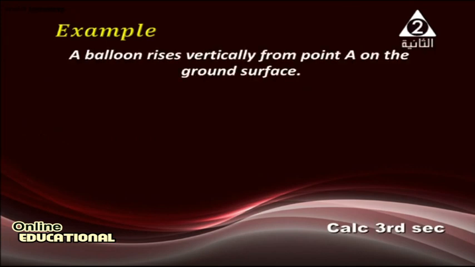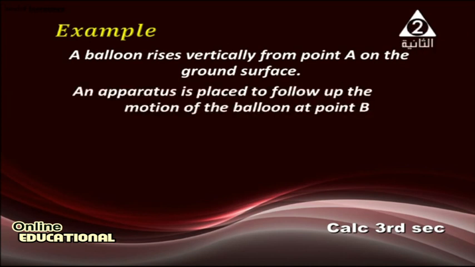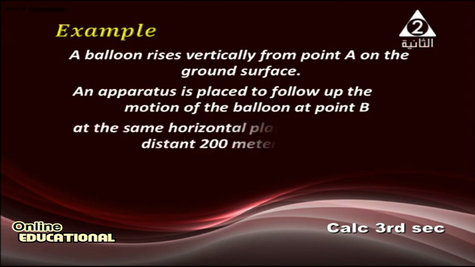Another example. A balloon rises vertically from point A on the ground surface, and an apparatus is placed to follow the motion of the balloon at point B, in the same horizontal plane as point A and at a distance of 200 meters from it.